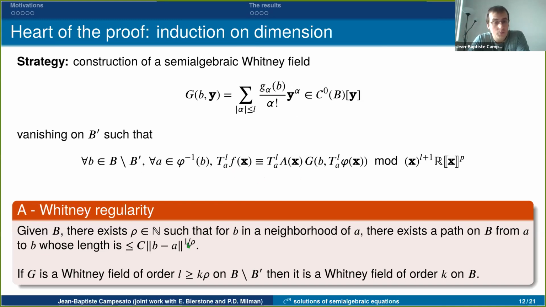But when we extend it by 0 everywhere, what we will obtain is a Whitney field which is only of order K, assuming that L is greater than or equal to Kρ. So if you start with a Whitney field of order Kρ on the complement of B prime, the continuous extension by 0 will be of order K. Okay, so that's the first loss of differentiability. That's when we work in the complement of B prime and extend by continuity everywhere on B.